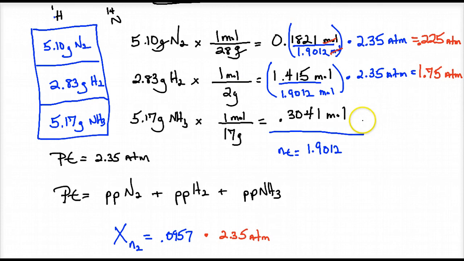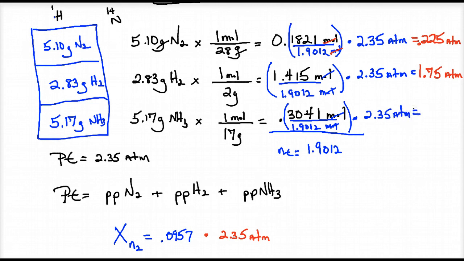Back to blue. Okay, this is going to be over 1.9012 mole. As we talked about before, the moles will cancel. Mole fractions are dimensionless units, and we're going to times that by 2.35. You should see the pattern here.